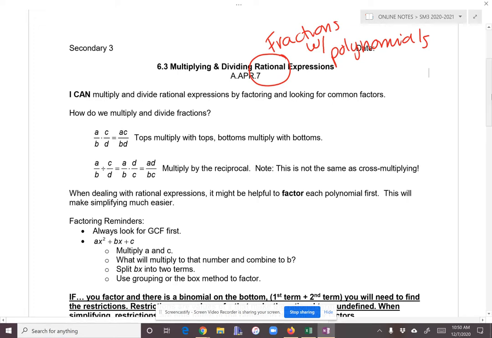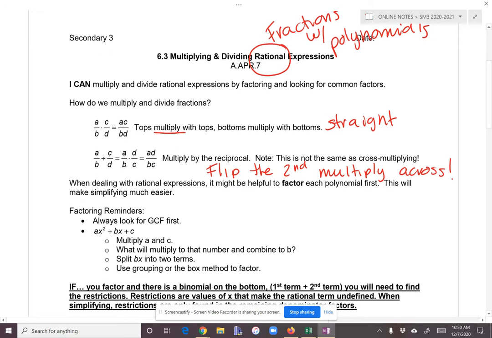So the main things here: when we multiply, we go straight across. Okay, and when we divide, we flip the second and then multiply across.